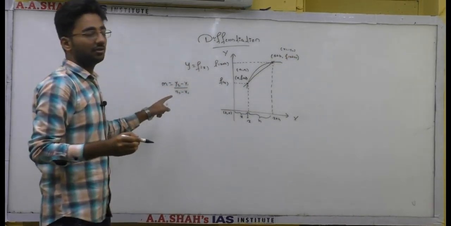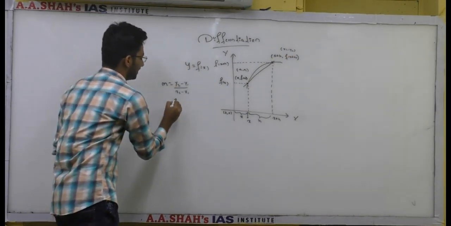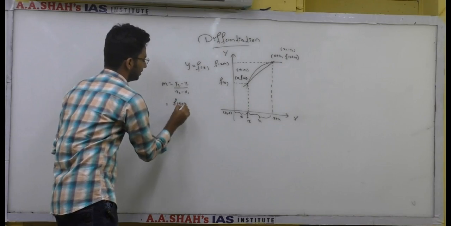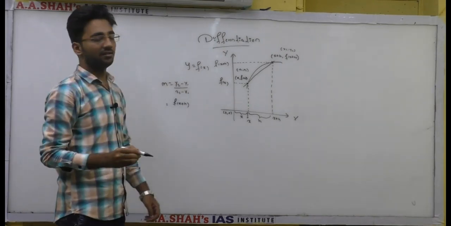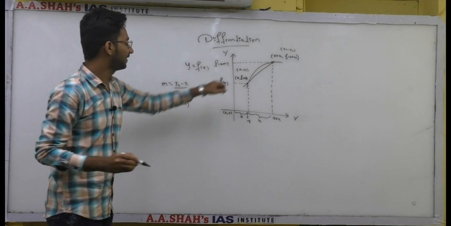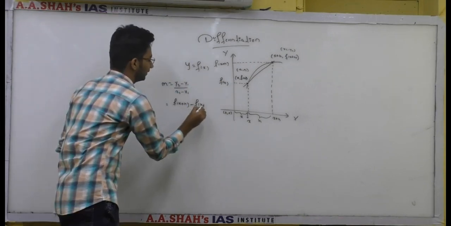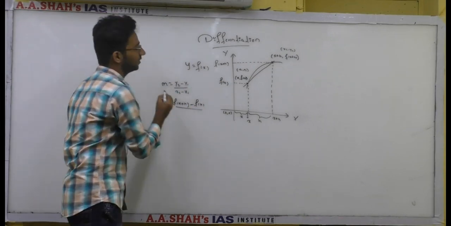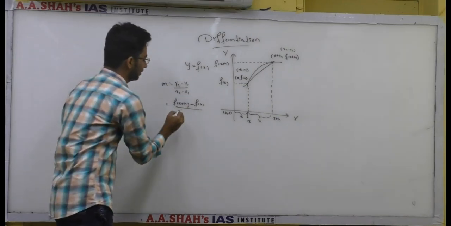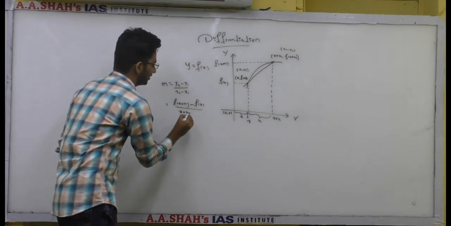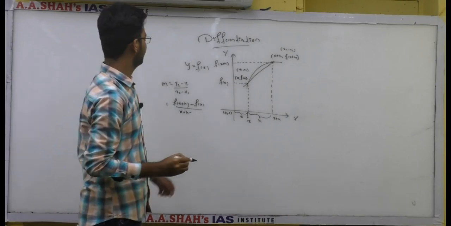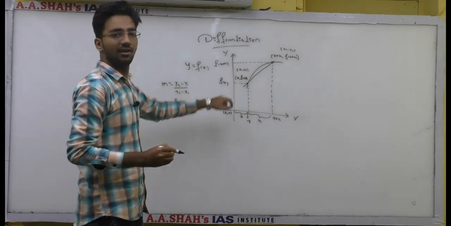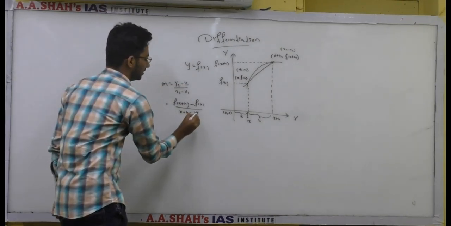So y2 is f(x plus h), minus y1, which is f(x), upon x2, which is x plus h, minus x1, which is x.